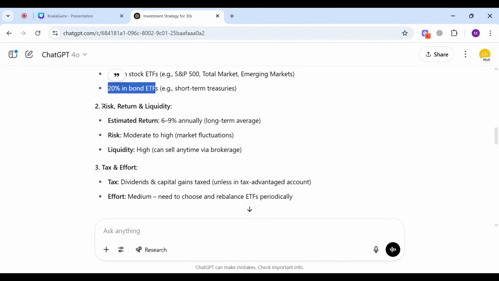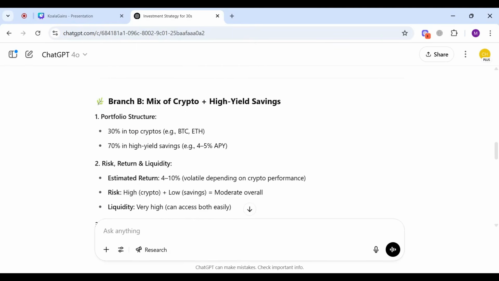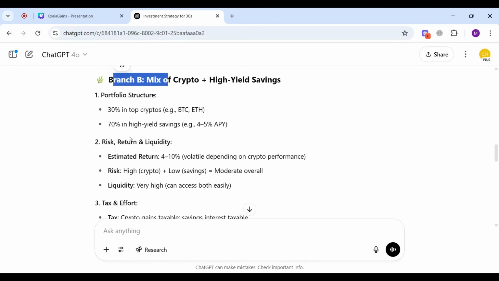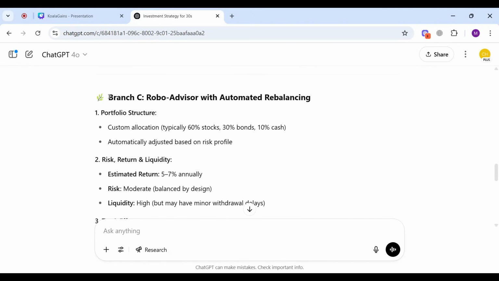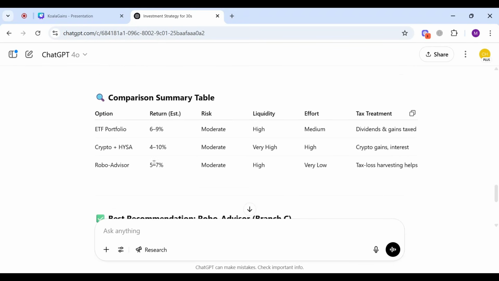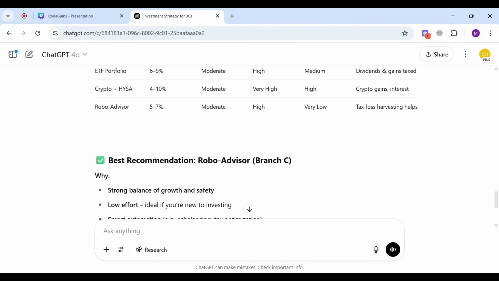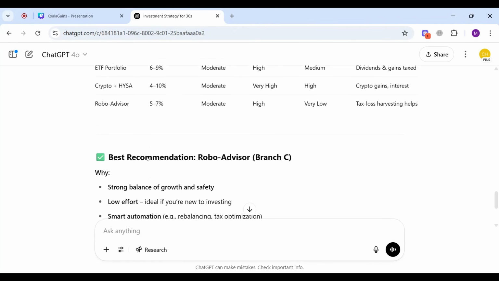It asks us to invest 80% of our money in stock ETFs and 20% in bond ETFs, and then tells us in detail what the risk, return and liquidity are going to be, and also what tax benefits or tax costs are involved. Then it explores branch B on the same criteria, and then branch C, that is robo-advisor, on the same 3 criteria. Then it makes a comparison table where I can easily compare all 3 options.